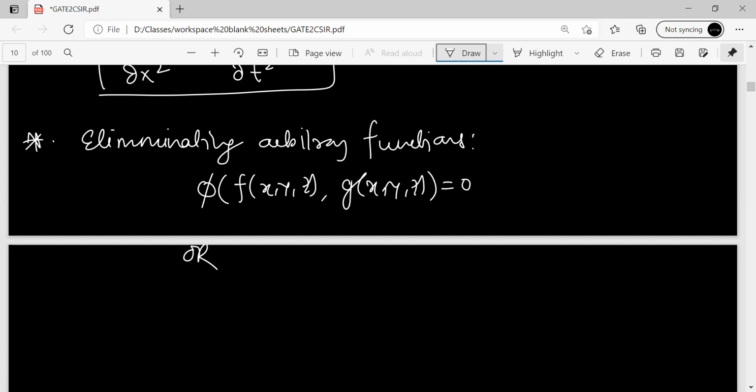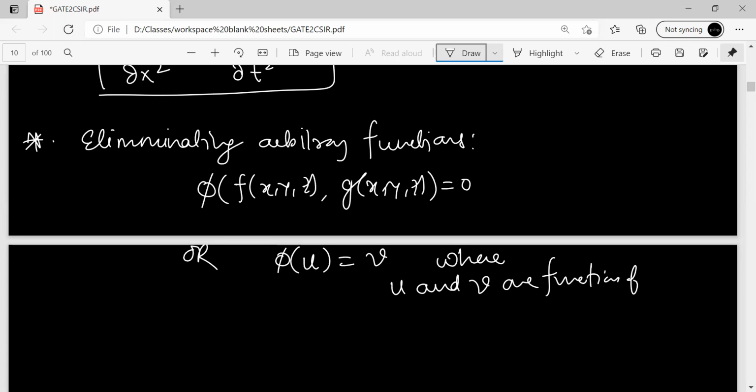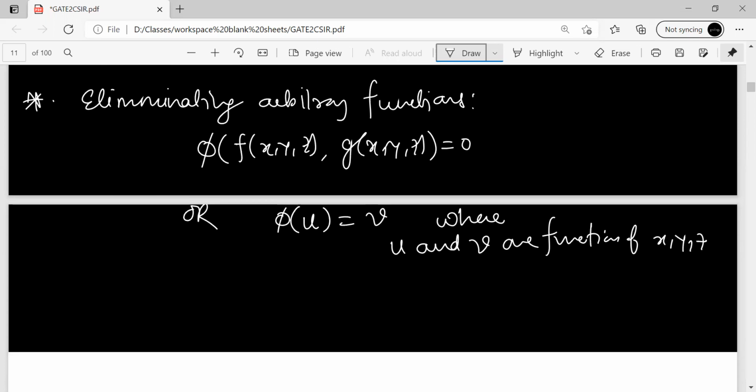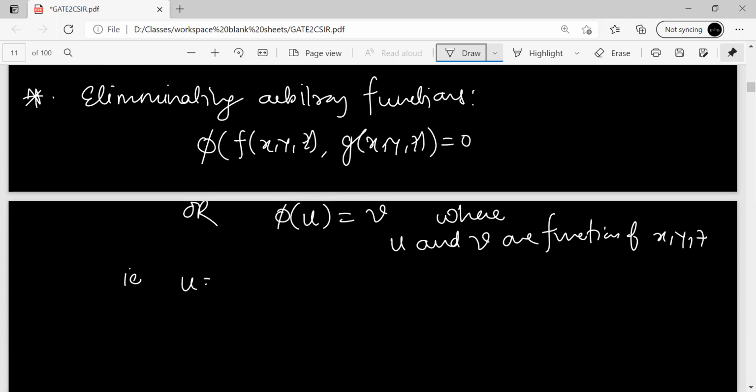Or it may appear like this, some phi of u equal to some v, where u and v are functions of x, y, z. That is, when I say u, I mean u of x, y, z. When I say v, I mean v of x, y, z.